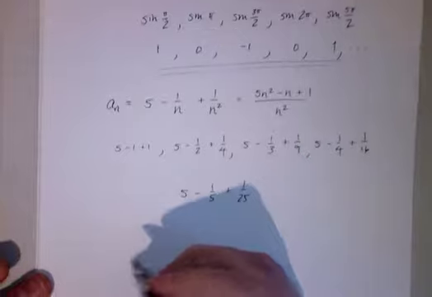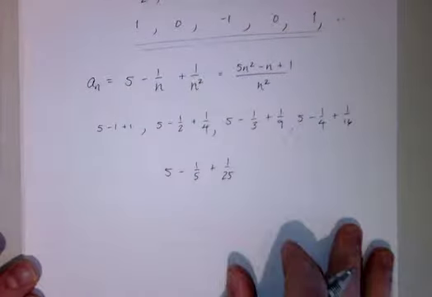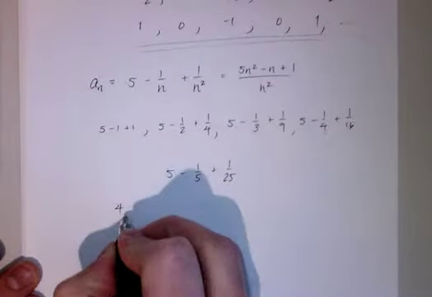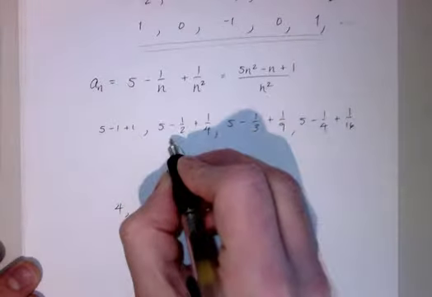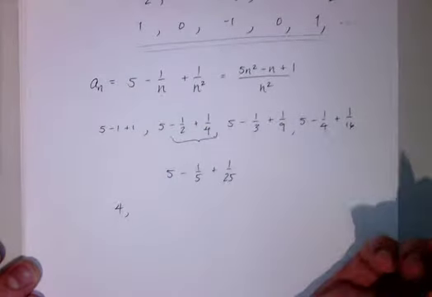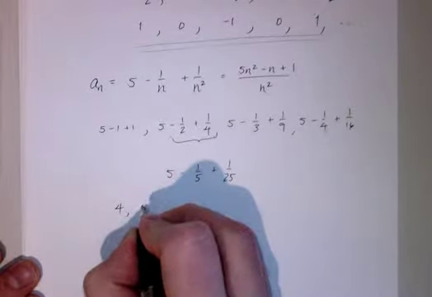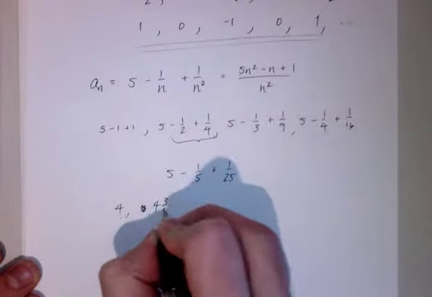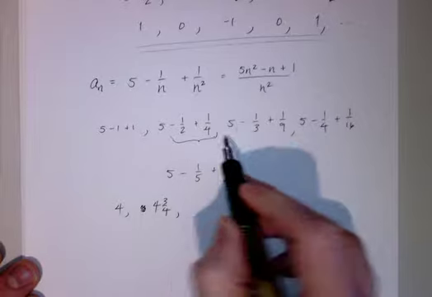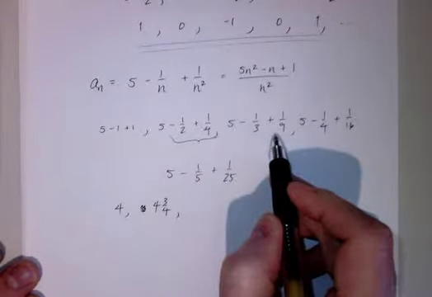Okay, if we simplify, on the first one we're going to get 4. Now, these two together wind up being minus 1/4, so that's 4 and 3/4. This one winds up being minus 2/9, right?